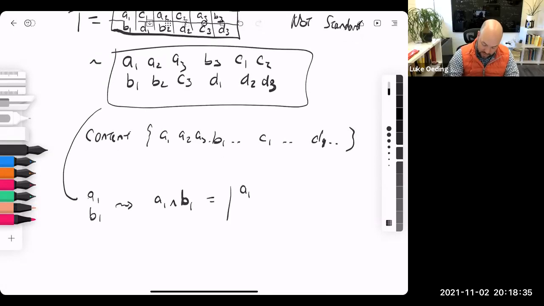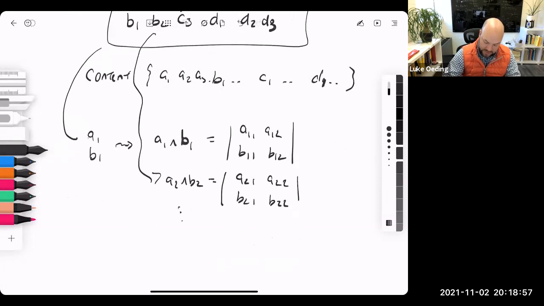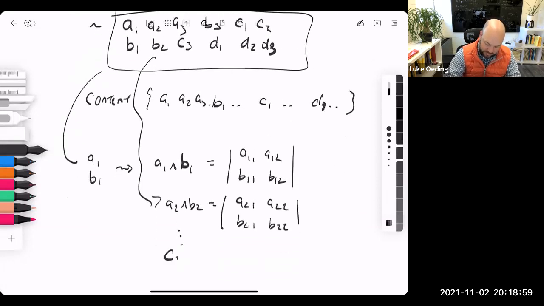The rows are A1 and B1. Okay, and I do that for every column. So then this column will be A2 wedge B2, and I'll put in the rows A2 and B2, etc. The last one, C2 D3.